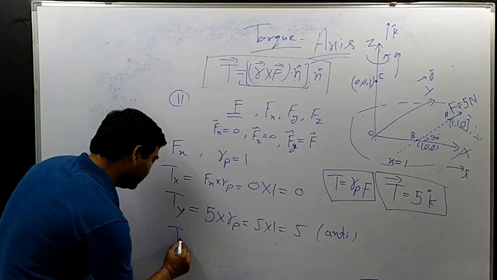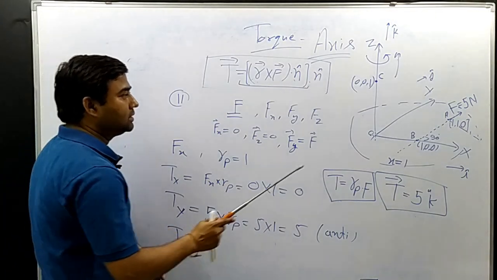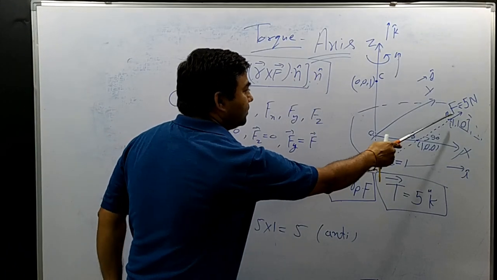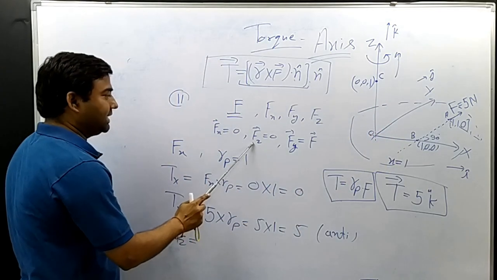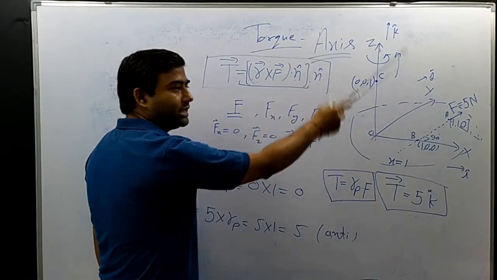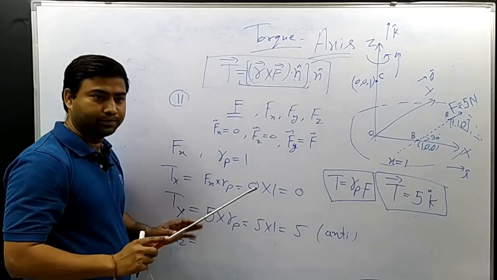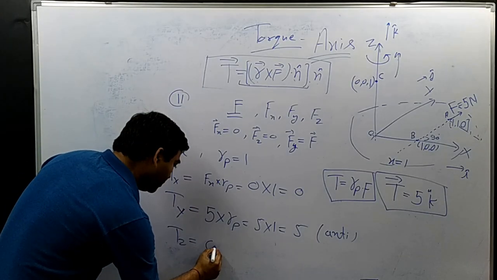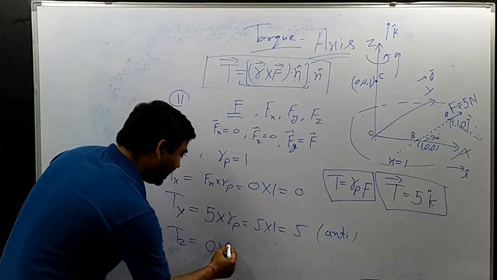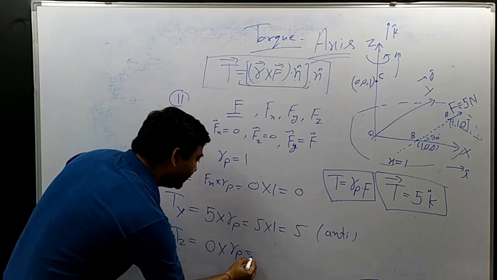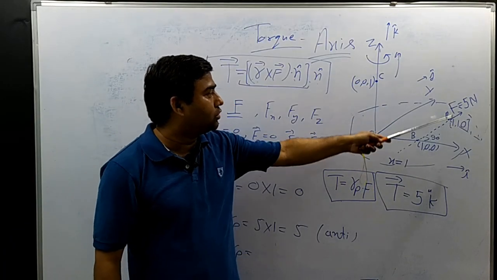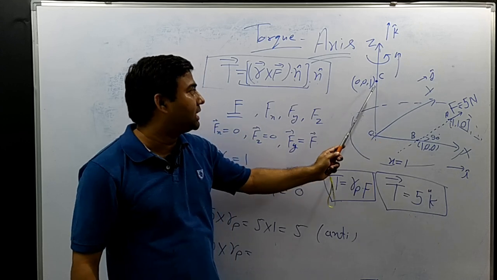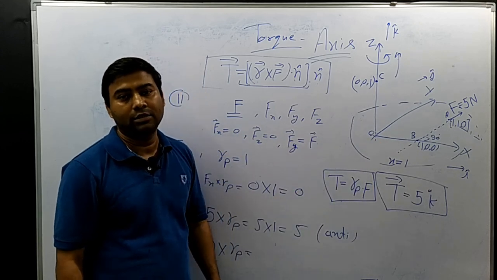Now Tz is the torque due to the z component of F. The z component of F, that is along the z-axis, is 0. So 0 into Rp. We know the z component of force is parallel to the z-axis.